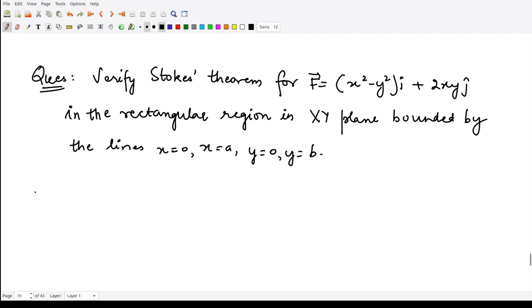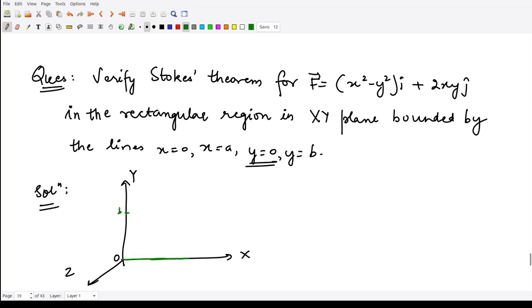So let us first visualize our given region. Here if I draw this coordinate axis, this is your x-axis, say this is y-axis, this is z-axis, this is origin. The line y is equal to 0 gives you the x-axis only, right? And the line y is equal to b, suppose this point is b, is this line. x is equal to 0 is your y-axis only.